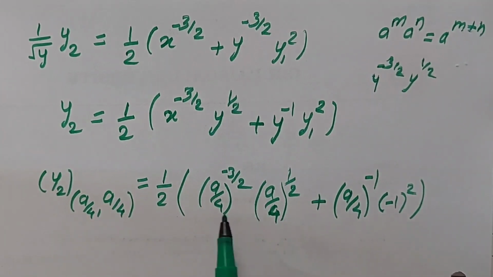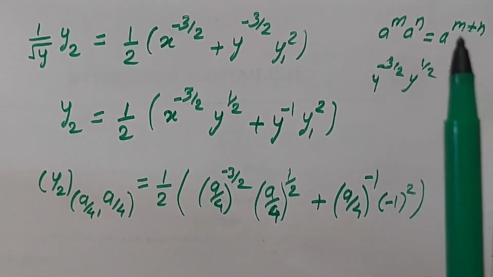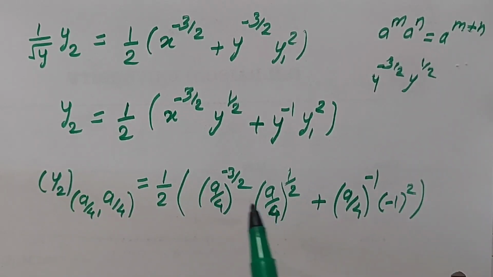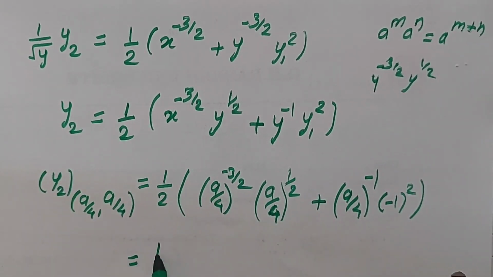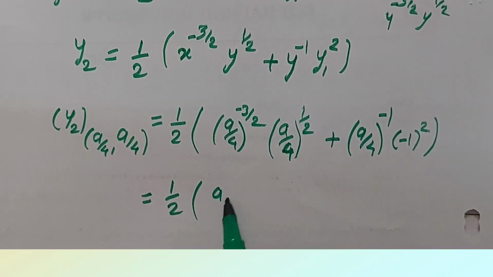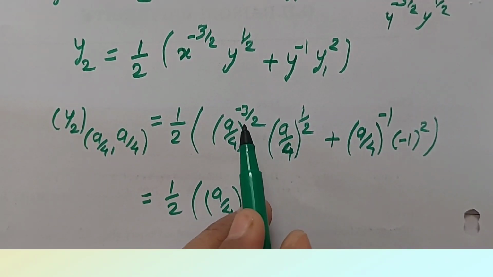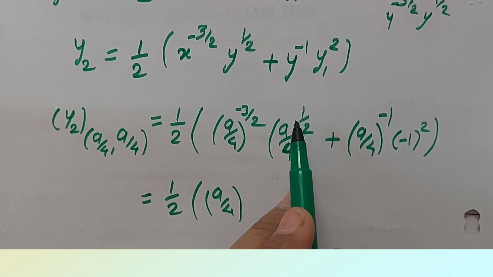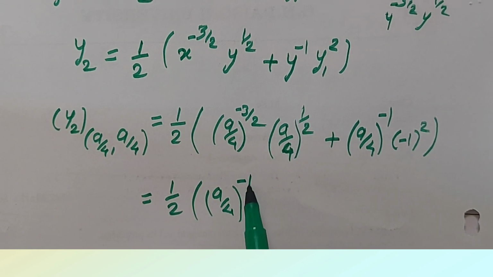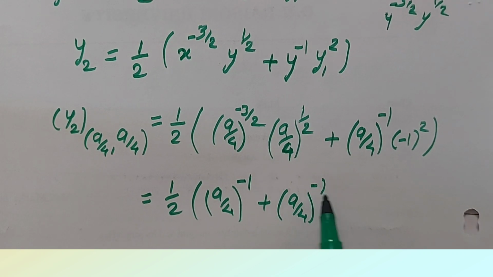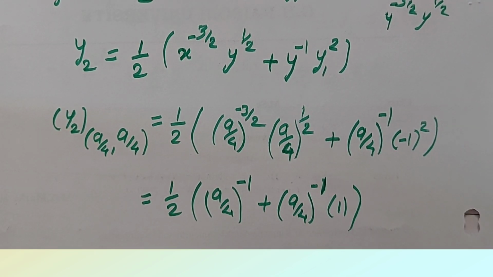Now here again it is similar, so use the same indices formula, then we have to add the power. It is a by 4 raised to the power minus 3 by 2 plus 1 by 2, it is minus 1, and here a by 4 raised to the power minus 1 into 1.